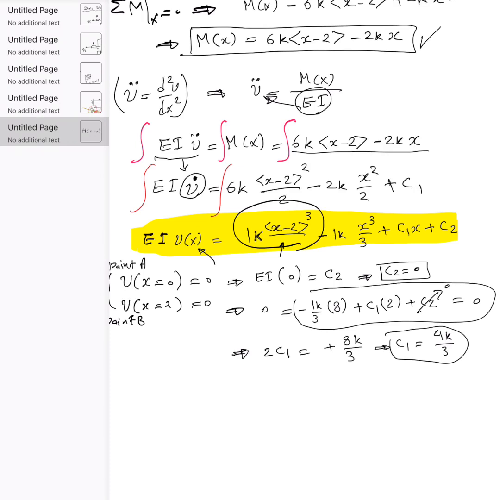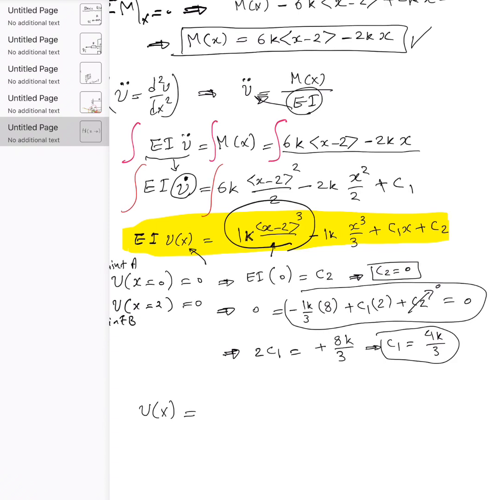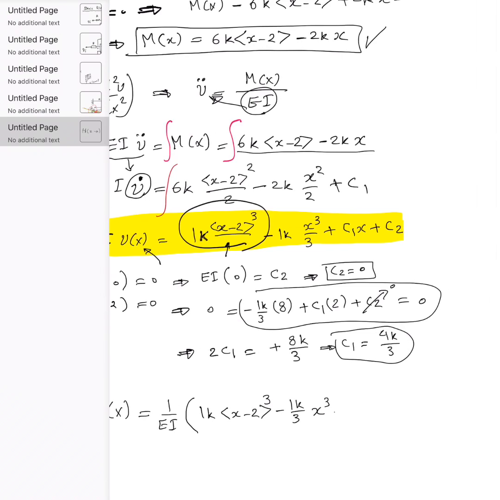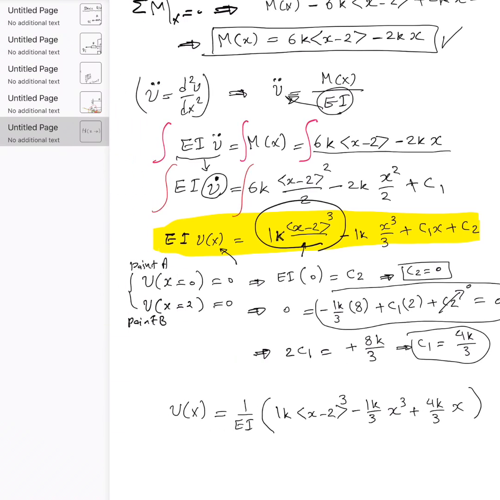So I get v at any x, the deflection at any x, is equal to 1 over EI times 1k Heaviside (x minus 2) to the 3 minus 1k divided by 3 x to the 3 plus C1, which is 4k over 3 x, plus C2. And what is C2? 0. So that's it. That's my final relation.